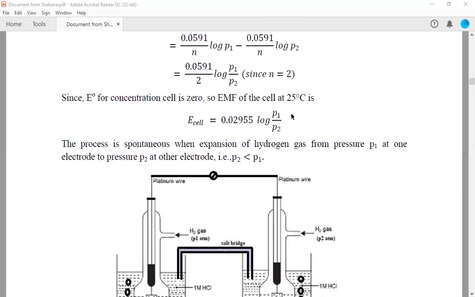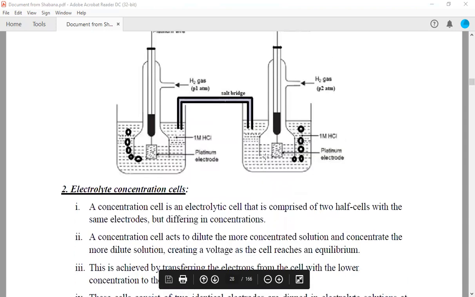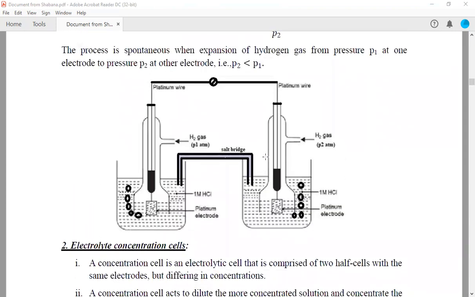And the process is spontaneous because of the expansion of the hydrogen gas from the pressure P1 at one electrode to the pressure P2 at the other electrode, that is, the pressure P2 will be less when compared to the pressure P1. So this is about the electrode concentration cell.